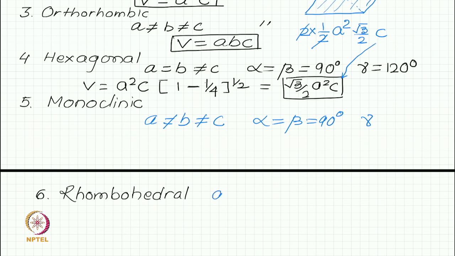Rhombohedral, three sides are equal, three angles are also equal, but they do not have nice value like 90 degree or 120 degree.